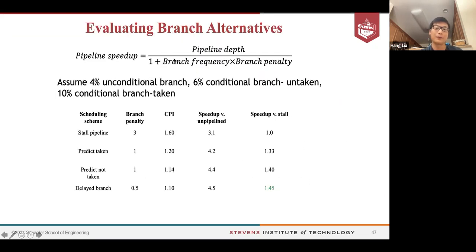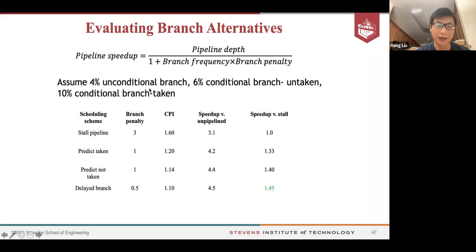Evaluating the branch alternatives: pipelining speedup equals pipeline depth divided by 1 plus branch frequency multiplied by branch penalty. This is like the pipeline stall, right?